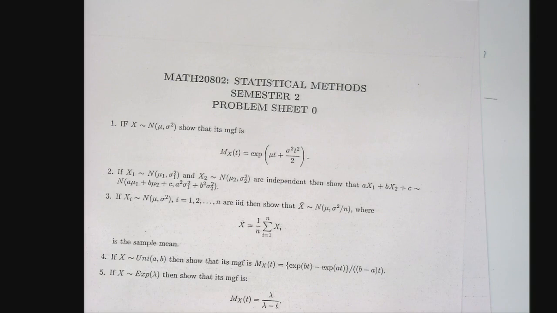So this will become x squared minus 2 mu plus sigma squared t x plus mu squared, divided by 2 sigma squared dx.